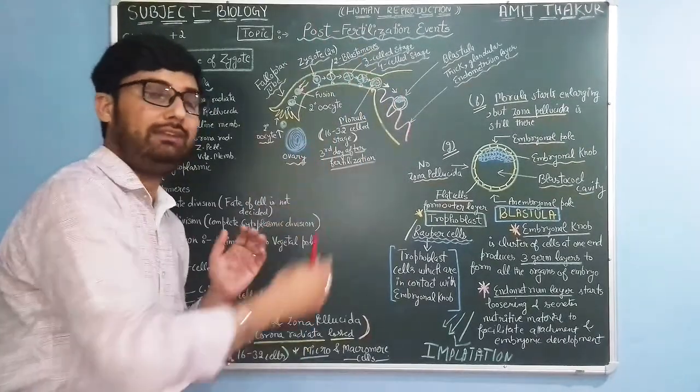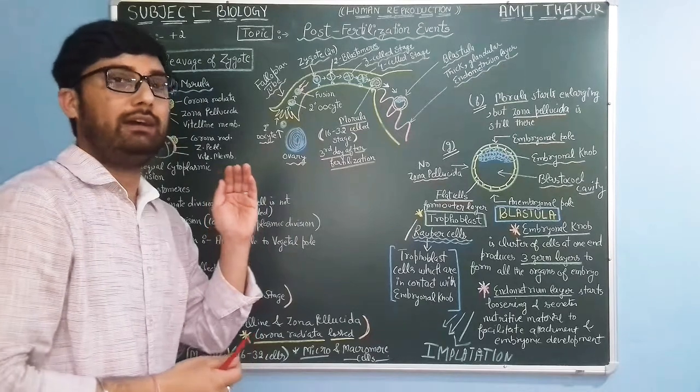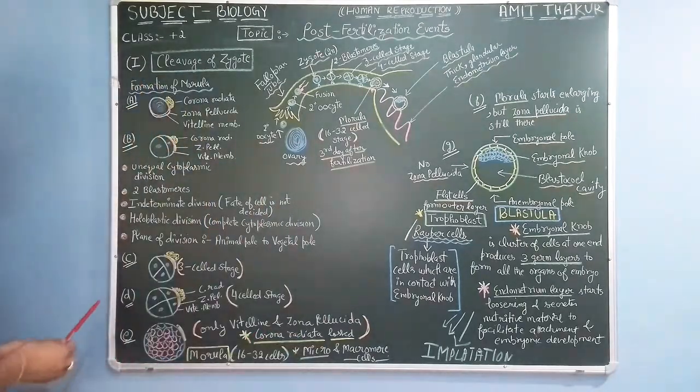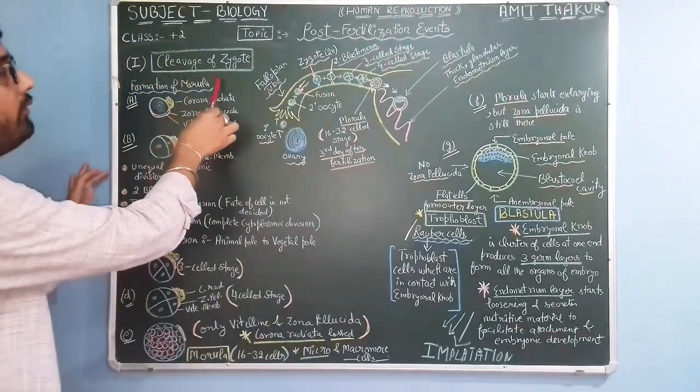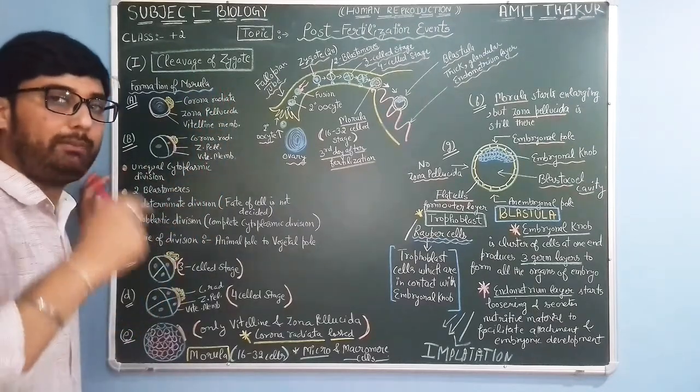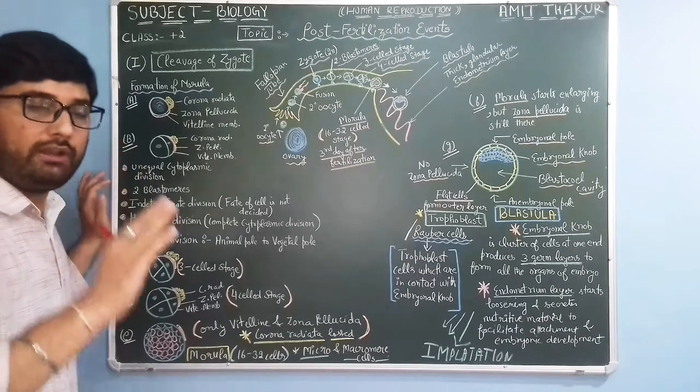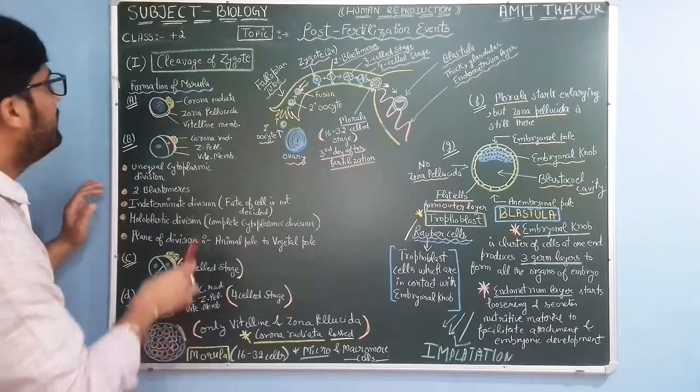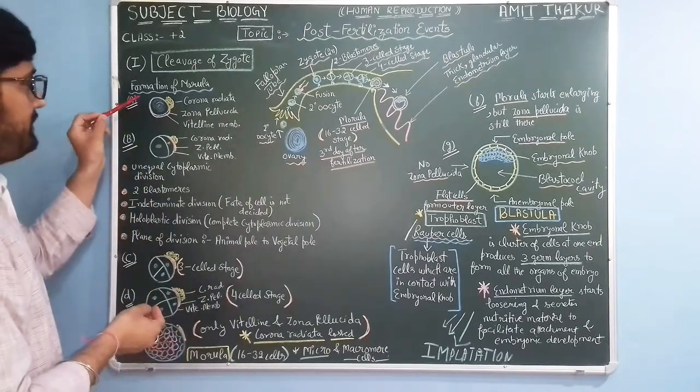So how do all of these developments take place? Here you can see cleavage of the zygote, meaning the division in the zygote, and as I told you, this depends on the copulation path of the sperm. First of all, it is the formation of morula.